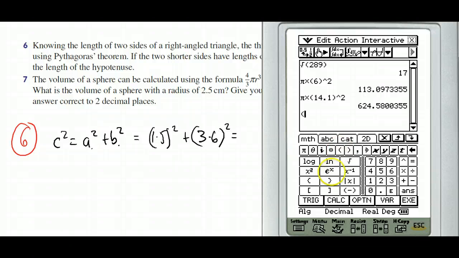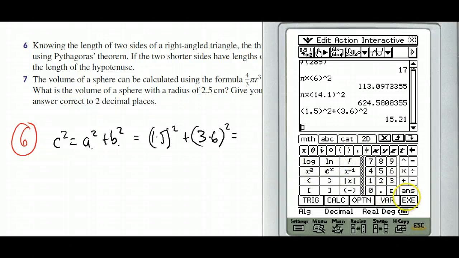So the first one is 1.5 and it's squared, and then we have to add 3.6 and that's also squared, and we get 15.21.